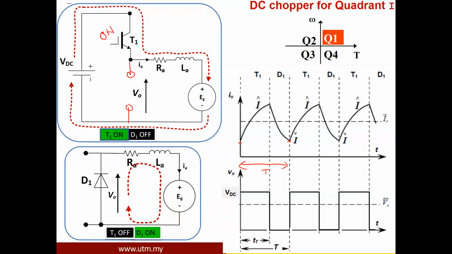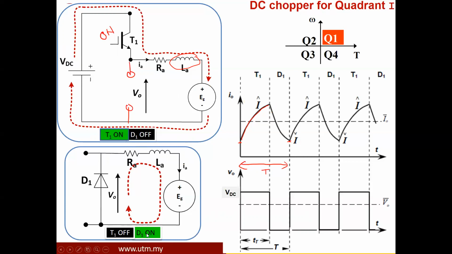So that's why right now T1 is on and the inductor will charge, and then we need to discharge the inductor. In order to discharge the energy that has been charged in the inductor, T1 must be turned off, and the diode will be forward biased.